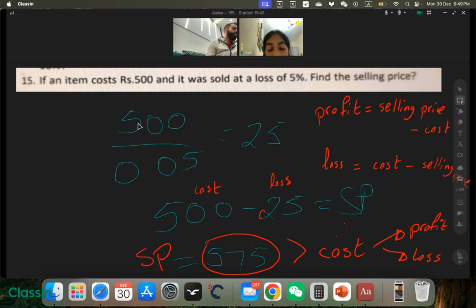Cost 500. So the selling price, if it's 575. First of all, how did you guess 575? 500 minus 25. How is 500 minus 25 more?